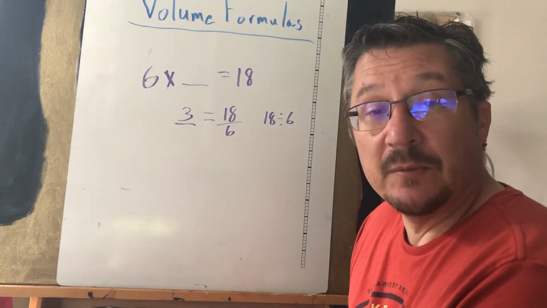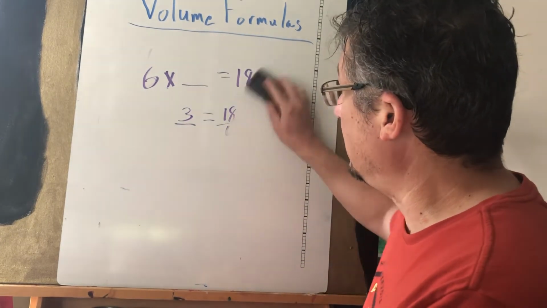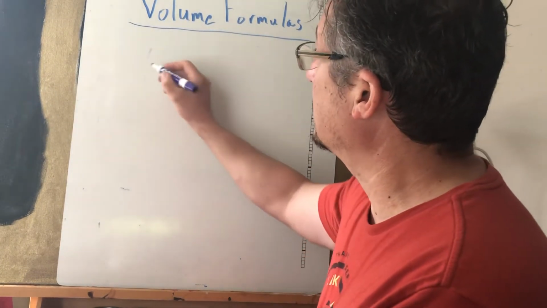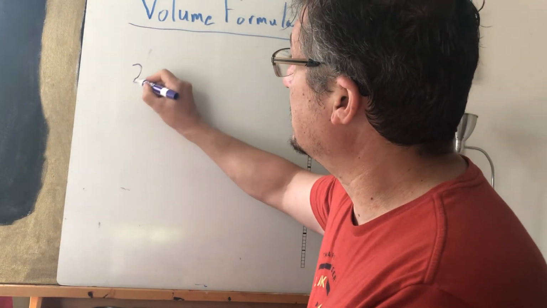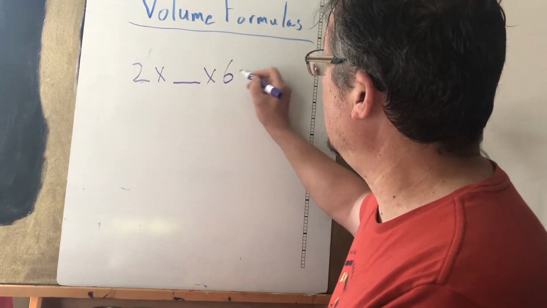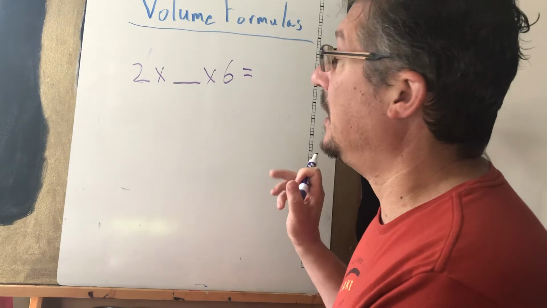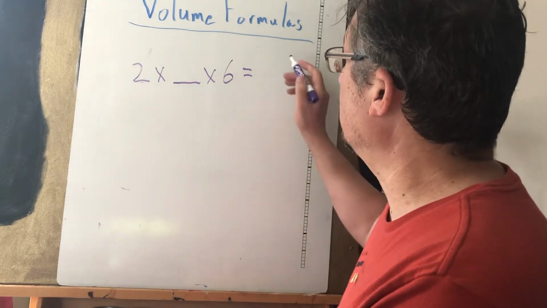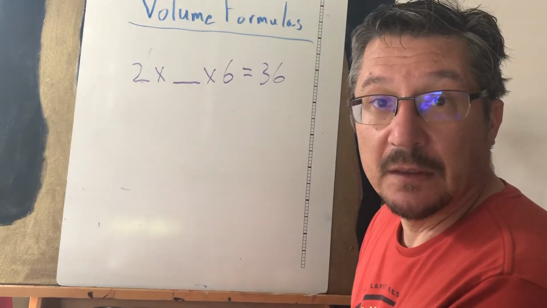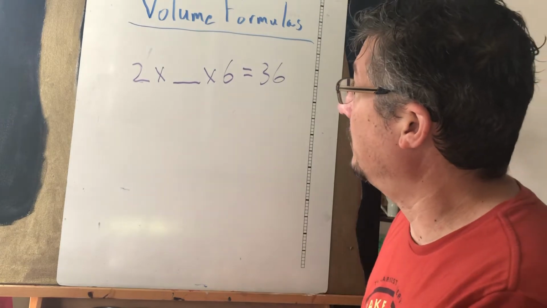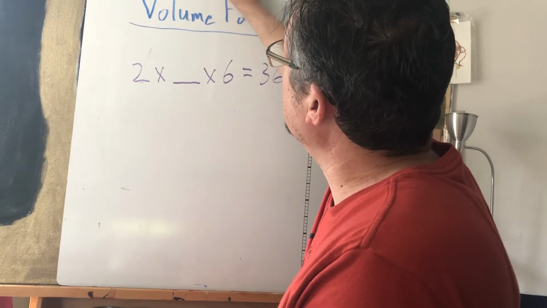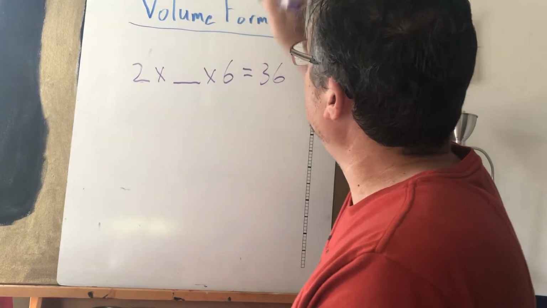That's pretty much what you're doing, but with 3 numbers instead of 2. Let's do 2 times some number times 6 equals, let's say, 36. It's the same type of problem; we're just missing a number there. Remember our formula: length times width times height equals volume.